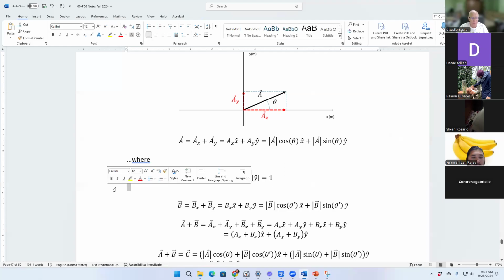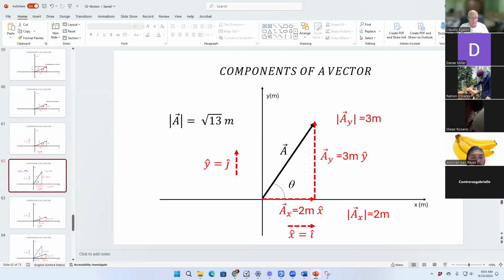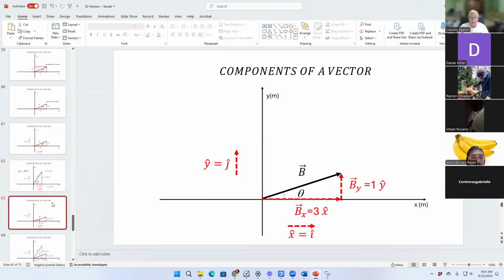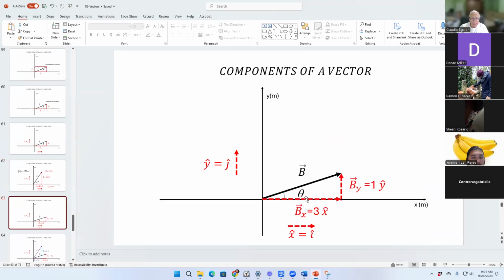Okay, and we can do the same for a different vector B. There's a reason why I am doing that. Let's see if I can illustrate the B vector here. That's the B vector here. I put theta here, right? I should put theta prime here.